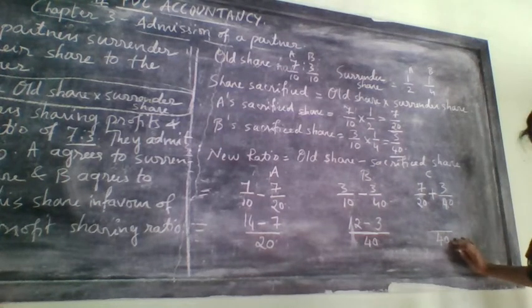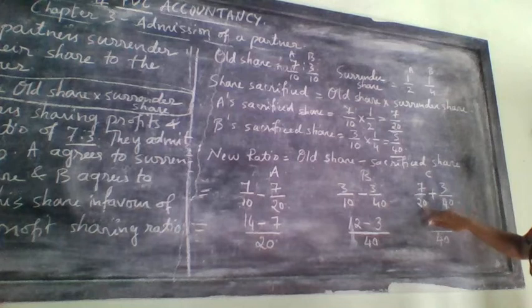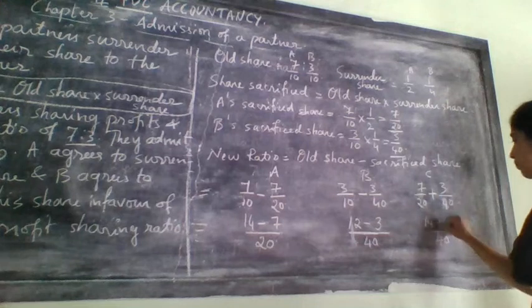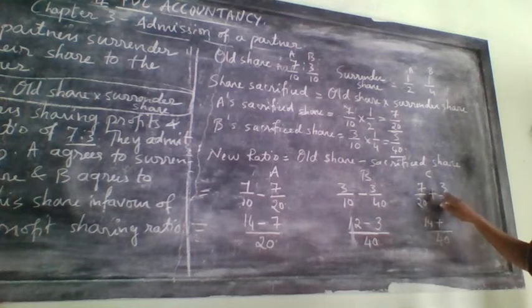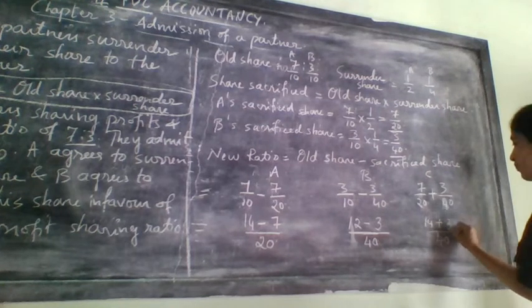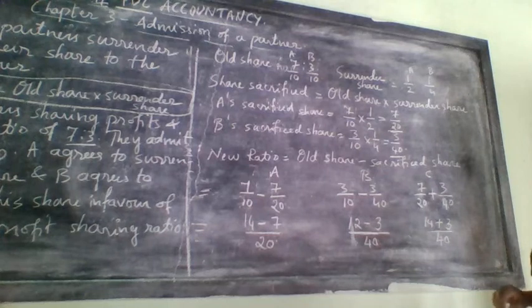Now take your calculator. 40 divided by 20 will come 2. 2 sevens are 14 plus. Remember, for C or the new partner it will be plus. Next, 40 divided by 40 will come 1. 1 into 3 is 3.